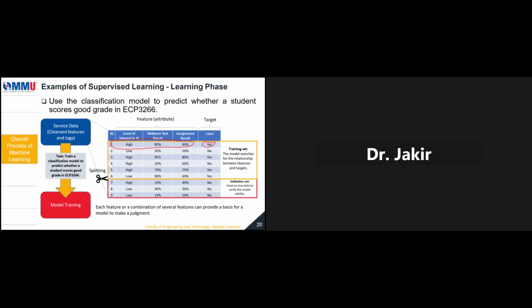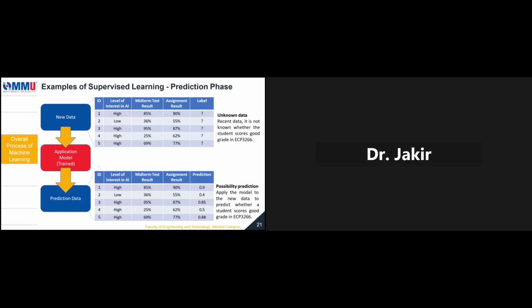Because we are already giving the label data to the system, just like that, for training purposes. Then the model will be trained on the label data and will learn, and then we can test the model using the testing data or validation set, to see whether it is working properly or not. That is the process actually.